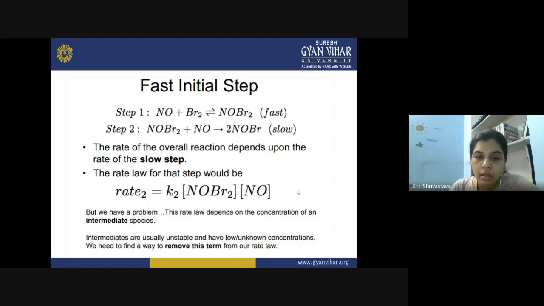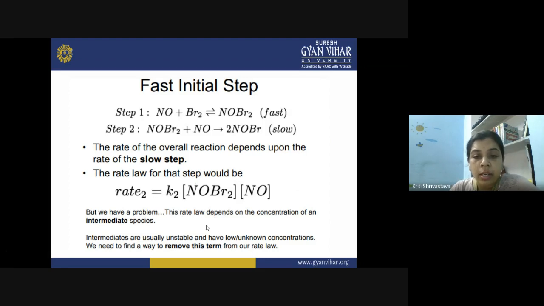But now what happens? We know that we cannot measure the concentration of NOBr2 because it is a reactive intermediate. You cannot have a reactive intermediate involved in the rate expression. But in our rate expression, we have this reactive intermediate.